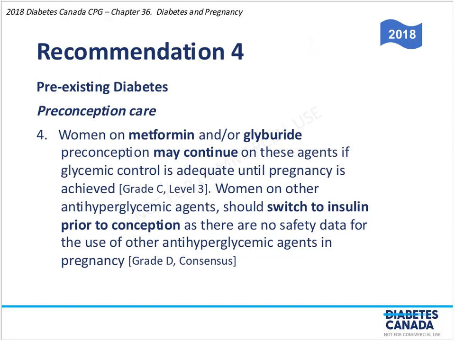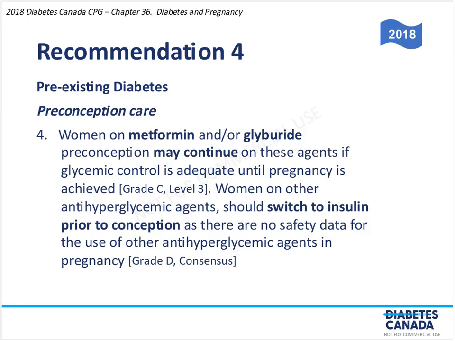I guess my only comment there would be that there are many women with type 2 diabetes that are not meeting glycemic targets on metformin and or glyburide, and for those people, they should be switched to insulin preconception if they're not meeting glycemic targets. I used to see, not uncommonly, people on metformin preconception, they'd have good A1Cs, good blood sugars.